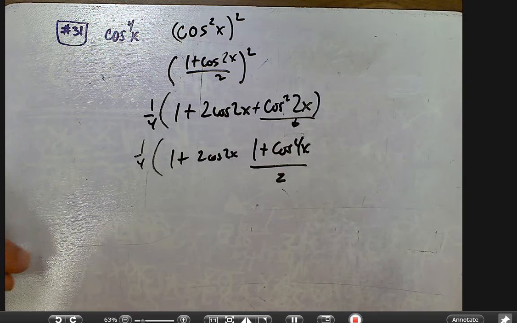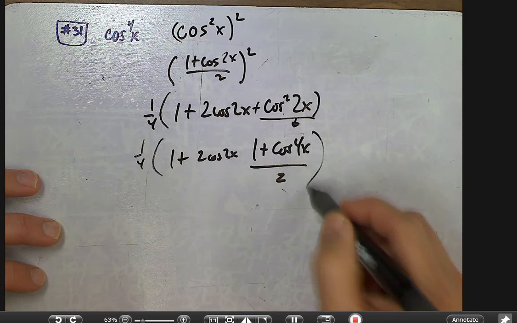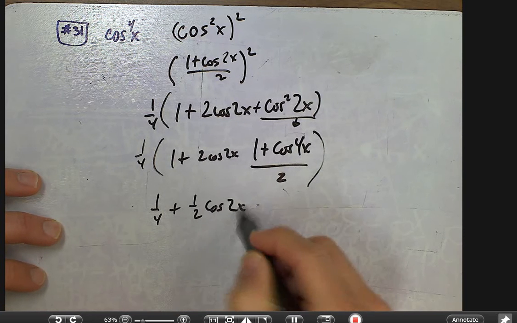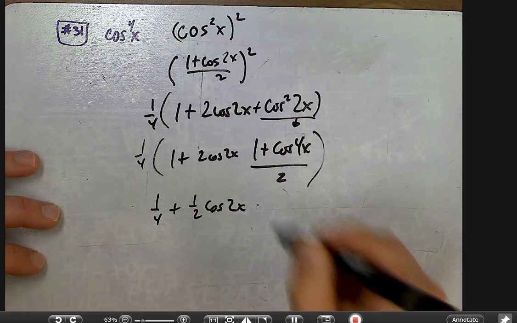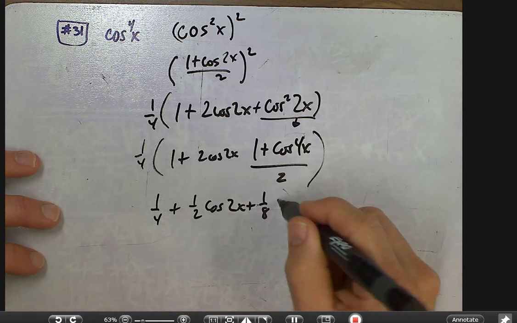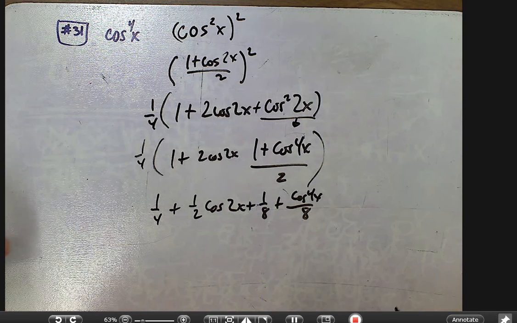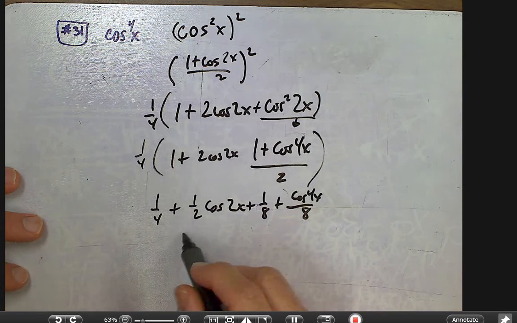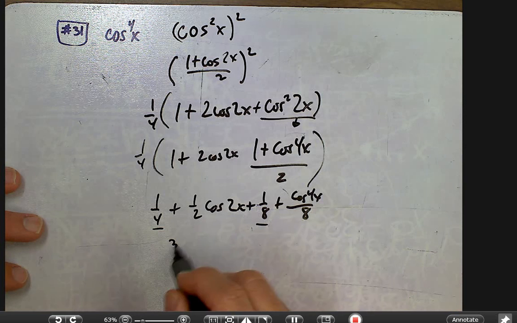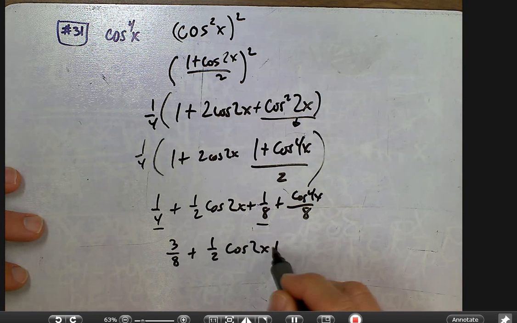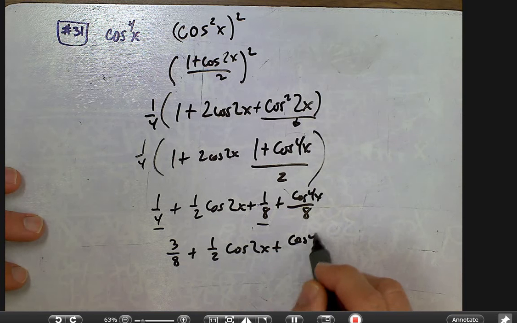Like that. Do the distributive property to give me 1/4 plus 1/2 the cosine of 2x plus 1/8 plus the cosine of 4x over 8, like that. Combine like terms, 1/4 and 1/8 gives me 3/8 plus 1/2 the cosine of 2x plus the cosine of 4x over 8.